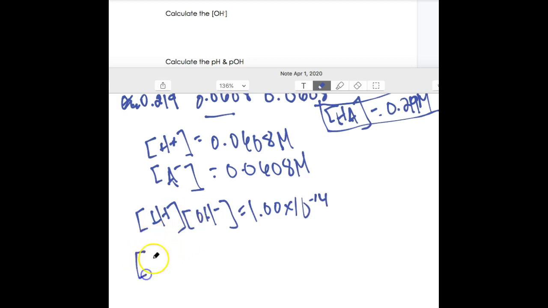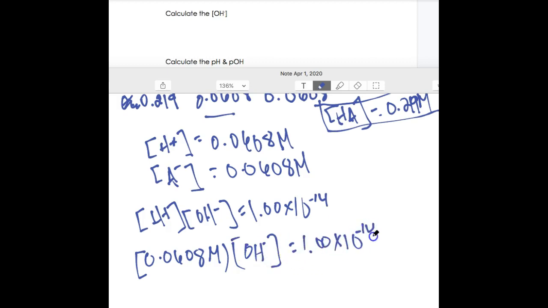So we have H, it's right here, 0.0608, and OH is going to equal 1.00 times 10 to the negative 14 divided by that. OH is going to equal 1.65 times 10 to the negative 12.